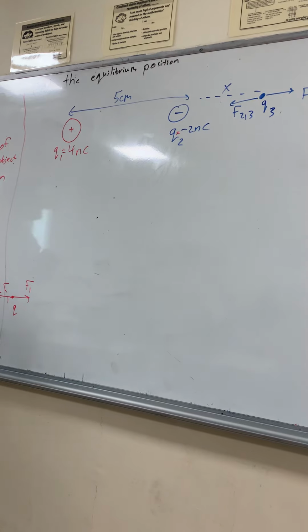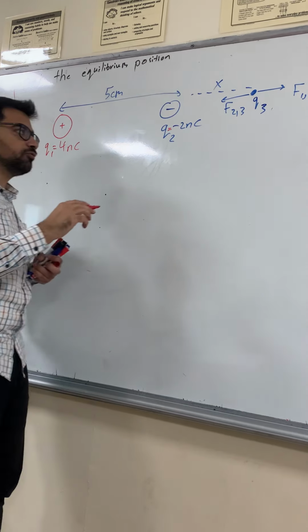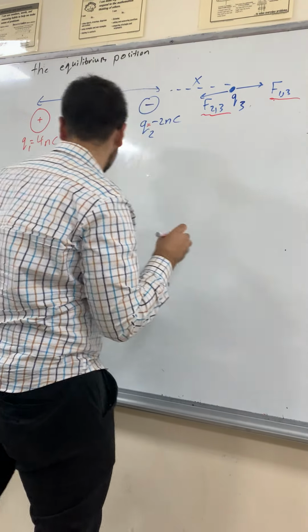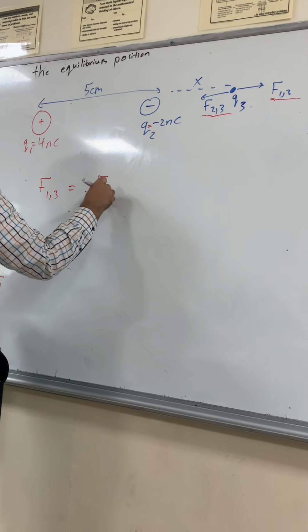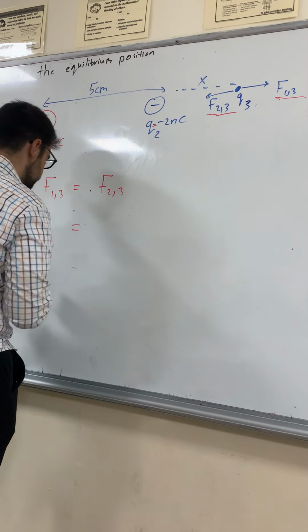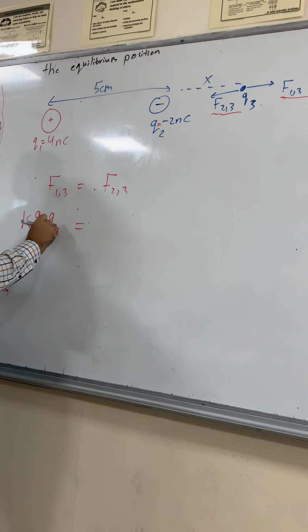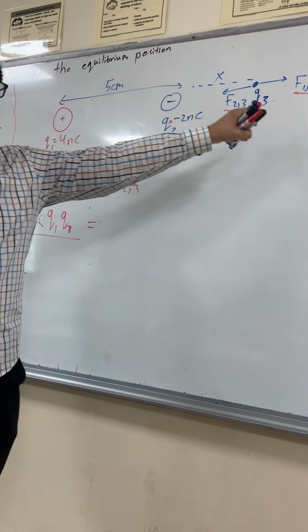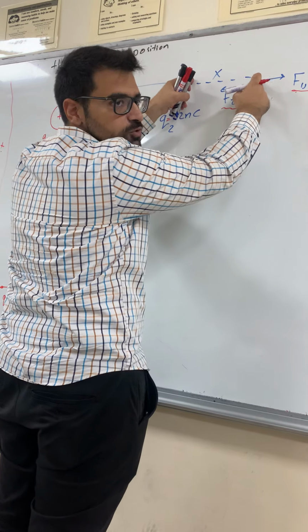In order to have equilibrium, we say that the net force should be 0, meaning that force 1, 3 should be equal to force 2, 3. So we say force 1, 3 is equal to force 2, 3. So okay, k Q1 Q3 over, what's the distance between 1 and 3? 5 centimeters plus x, in order to reach this.